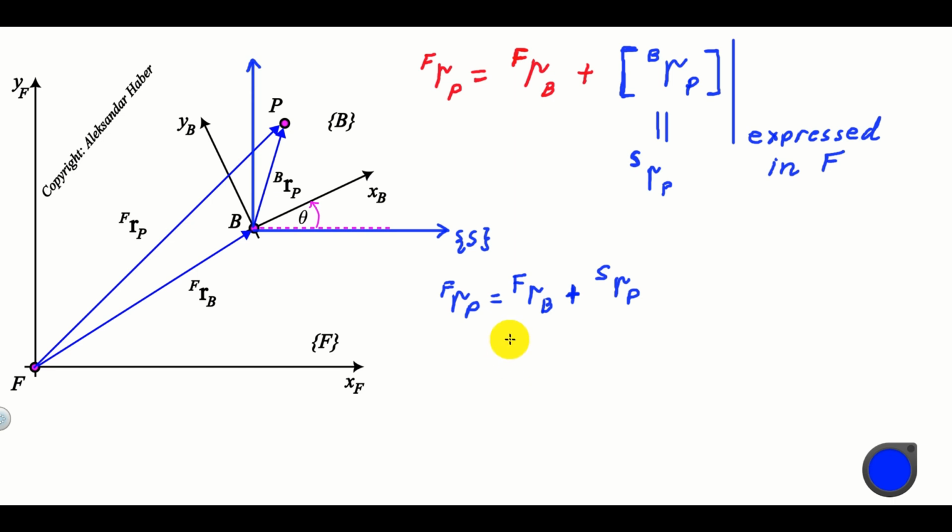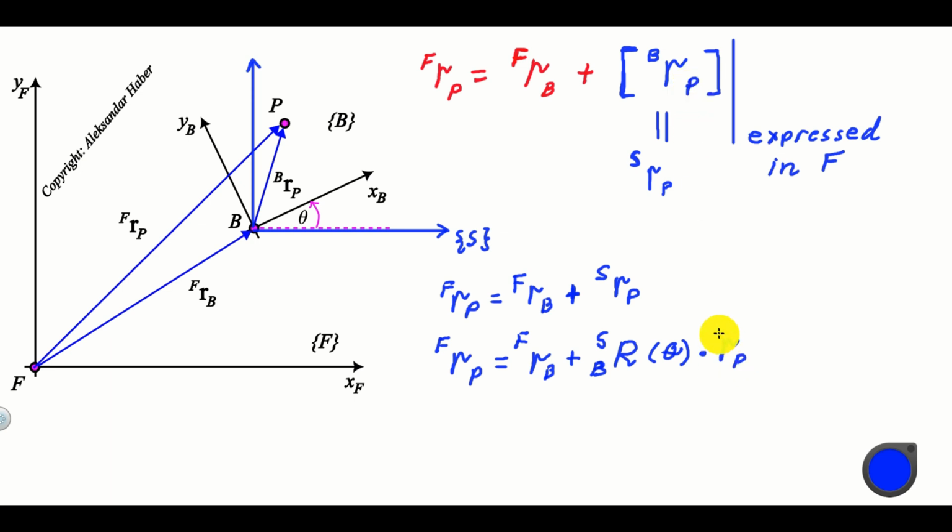Now, if we go one step back and if we analyze the rotation matrix equation, we can see that this term over here can be expressed as a multiplication of the rotation matrix and RPB. That is this vector over here. Consequently, we can write RPF is actually equal to RBF plus, and let's write it nicely, we will have the rotation matrix that depends on theta. We will have the transformation from B to S over here, multiplying this term RPB.